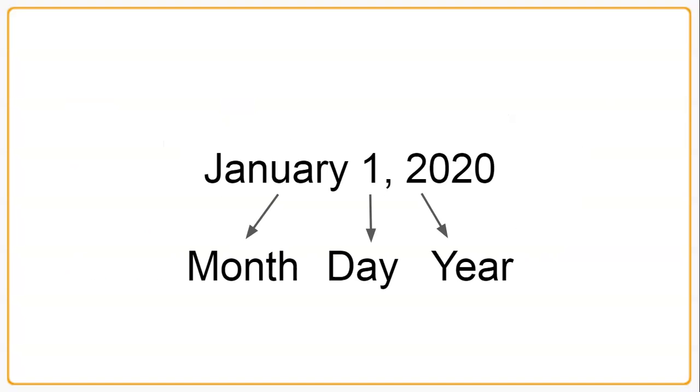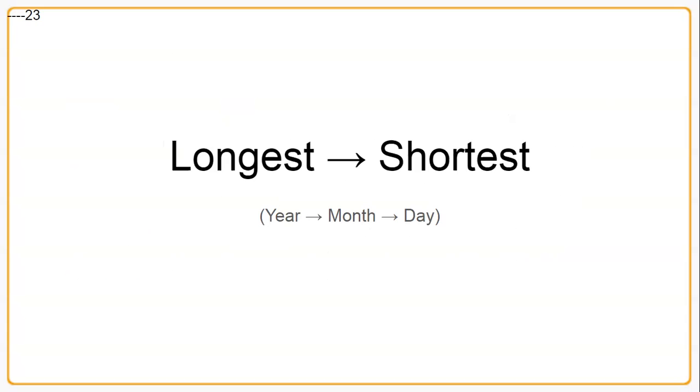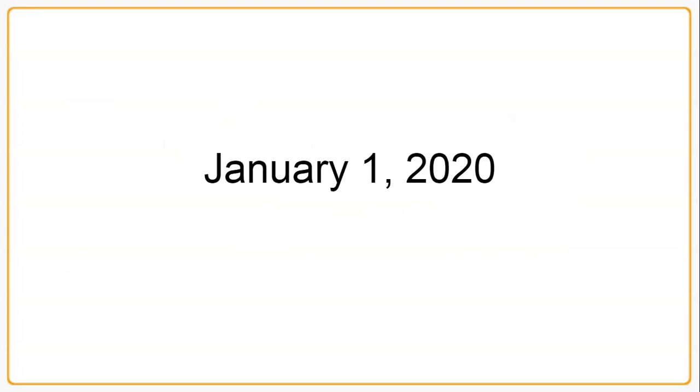Okay, now let's take a look at January 1, 2020 as another example. In January 1, 2020, there are 3 time elements here. First, we follow Rule 1 by rearranging the time elements with the longest time element first, and so on. This means that year, month, and then day. Therefore, our example January 1, 2020 then becomes 2020 January 1.